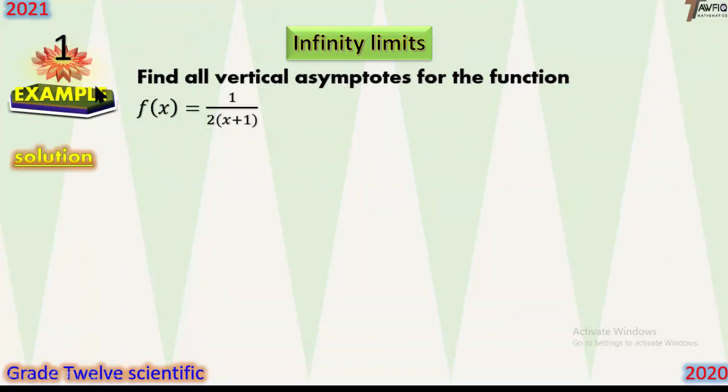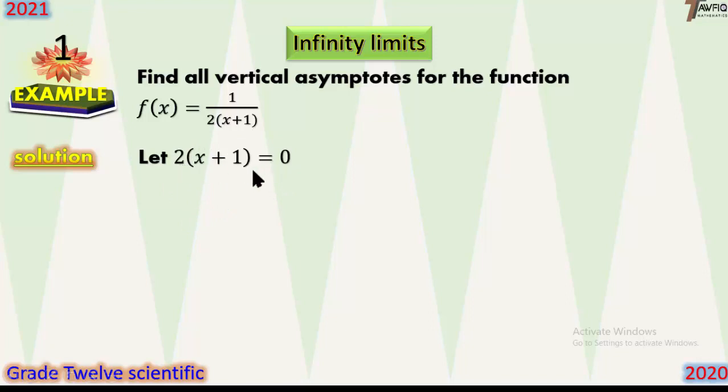Example number 1. Find all vertical asymptotes for the function f(x) equal 1 over 2x plus 1. To find a vertical asymptote, take the denominator and equal it to 0 and solve this equation.